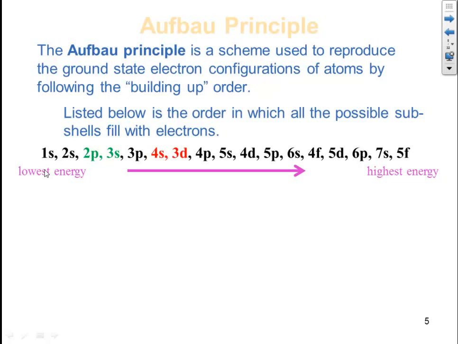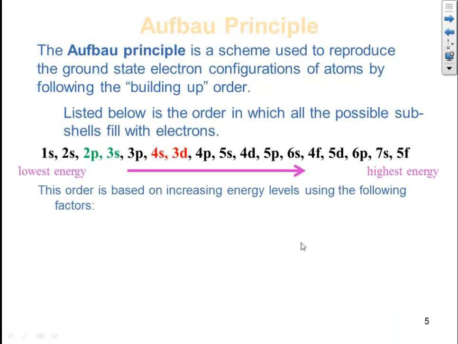Starting with the lowest energy, we have 1s, 2s, 2p, 3s, 3p, 4s, 3d, 4p, 5s, 4d, 5p, 6s, 4f, 5d, 6p, 7s, 5f, where these are the highest energies. Now you don't have to memorize these because the periodic table pretty much tells you how to do this, and we'll talk about that in a few minutes.